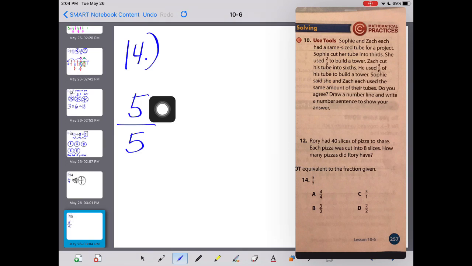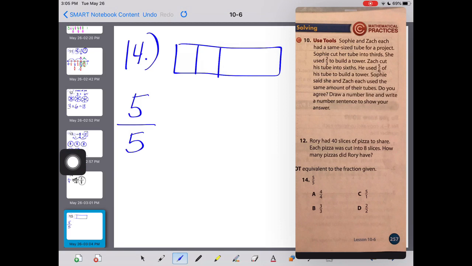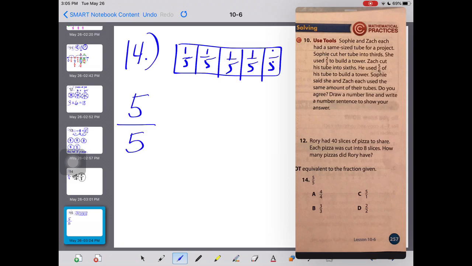How many pieces are we describing? 5. Do we have the whole thing? 1, 2, 3, 4. We have 1/5, 1/5, 1/5, 1/5, 1/5. If you've got 1, 2, 3, 4, 5, you've got the whole thing, right?